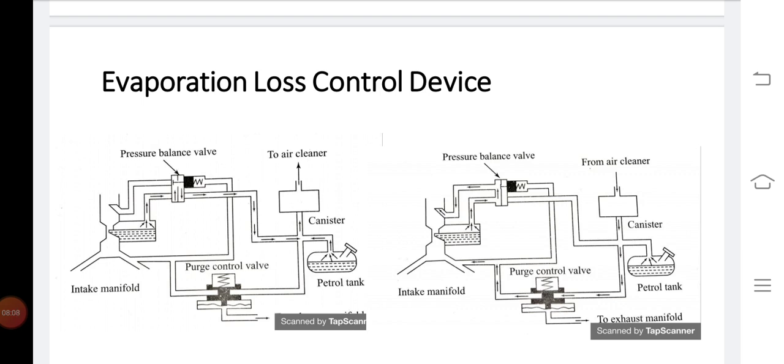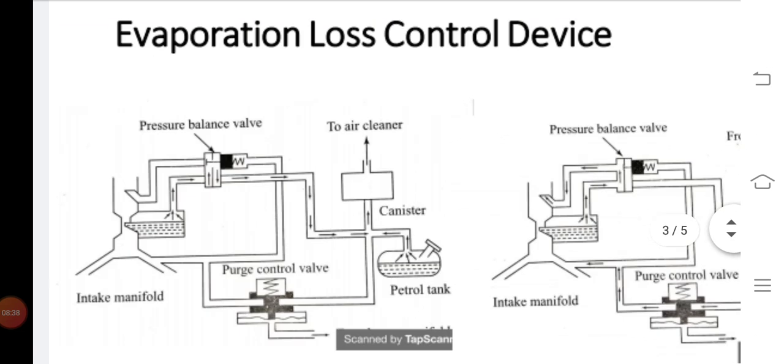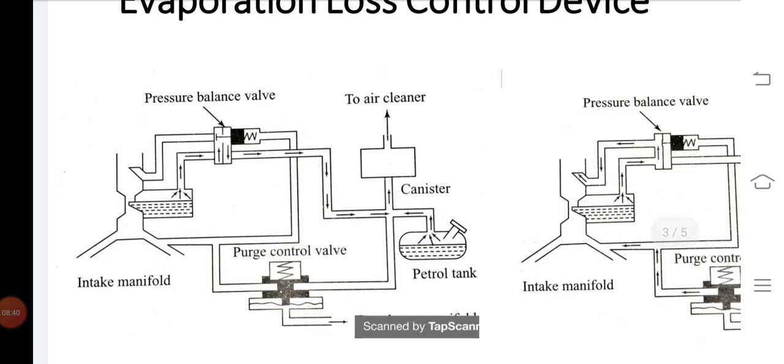So when we stop our vehicle after a certain distance of running, the vapors formed in the fuel tank and the vapors from the carburetor are already present in those conditions. You can see here the pressure balance valve.